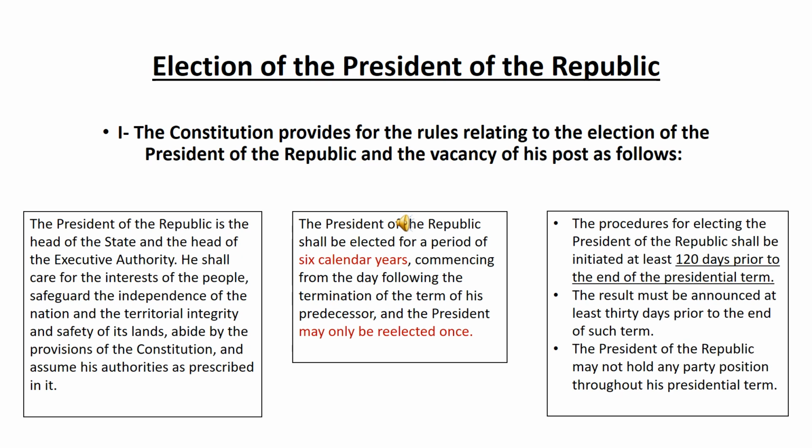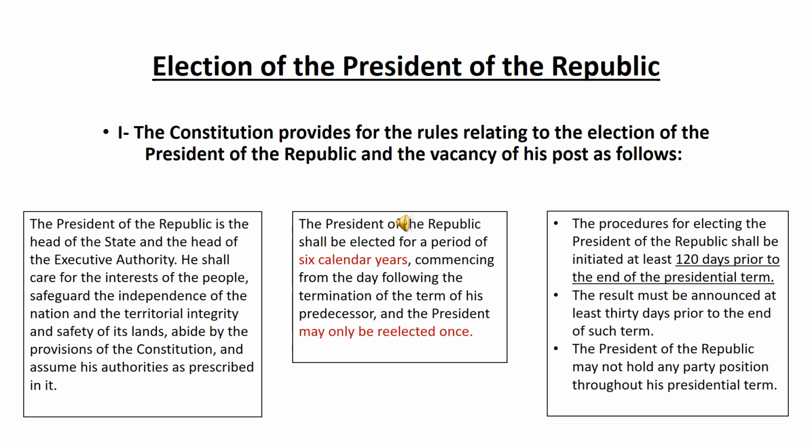He shall care for the interests of the people, safeguard the independence of the nation and the territorial integrity and safety of its lands, abide by the provisions of the Constitution, and assume his authorities as prescribed in it. The President of the Republic shall be elected for a period of 6 calendar years, commencing from the day following the termination of the term of his predecessor, and the president may only be re-elected once.